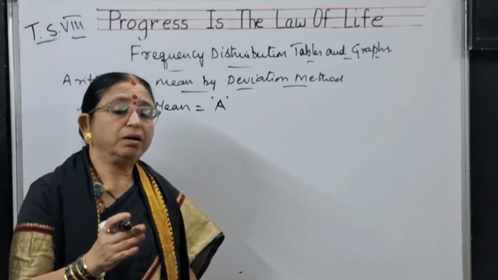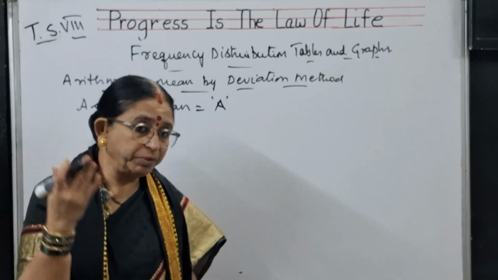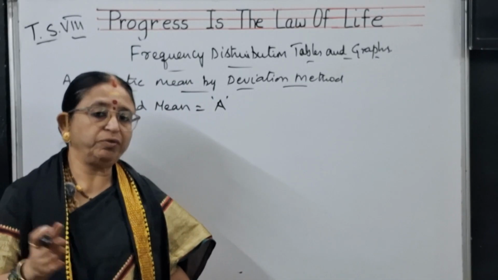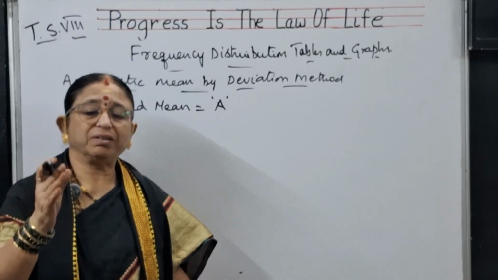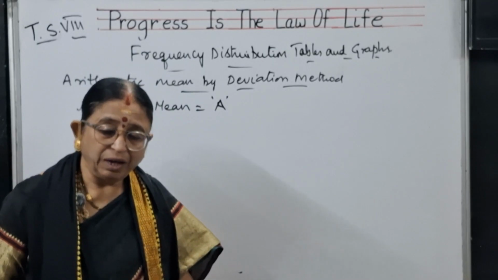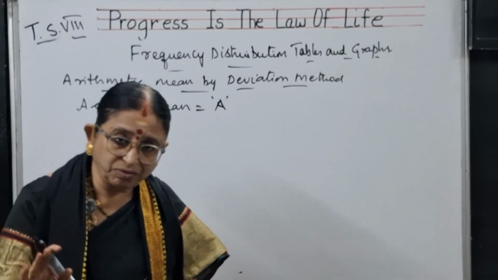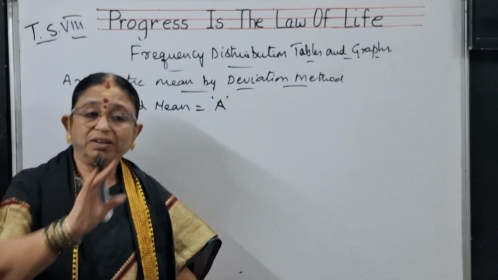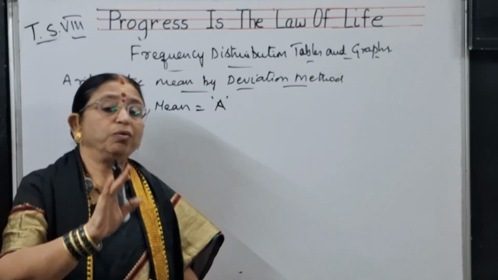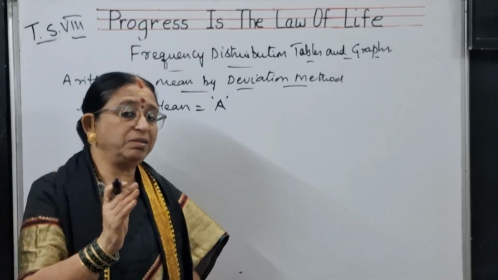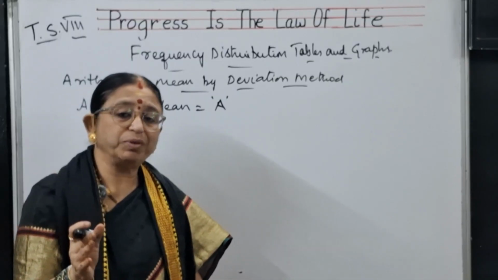But here, in the problem they are giving you the assumed mean. When you proceed further with statistics, you are going to learn how to calculate the assumed mean. The only thing you have to understand at this stage is mean. You know what mean is? Sum of numbers by number of numbers. And what is the sum of numbers? That means sum of observations.